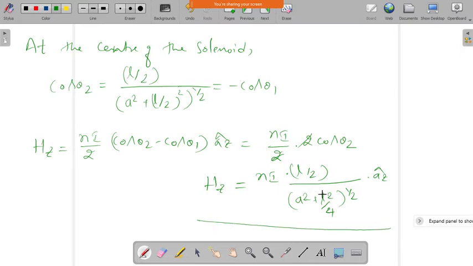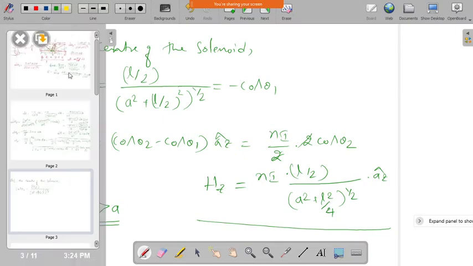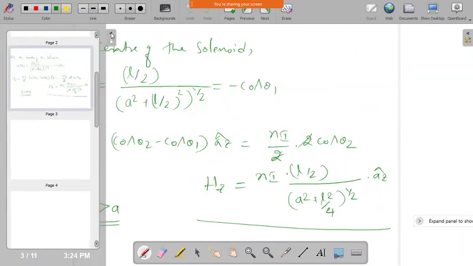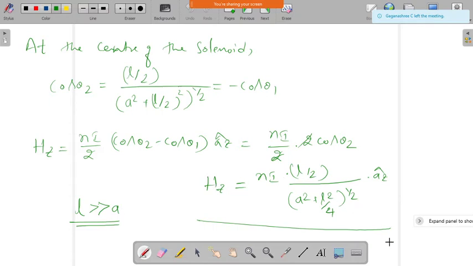Now if the length L of the solenoid is far greater than a, that is, if we extend the solenoid to infinite extent, then theta 2 will be 0 and theta 1 will become 180 degrees.